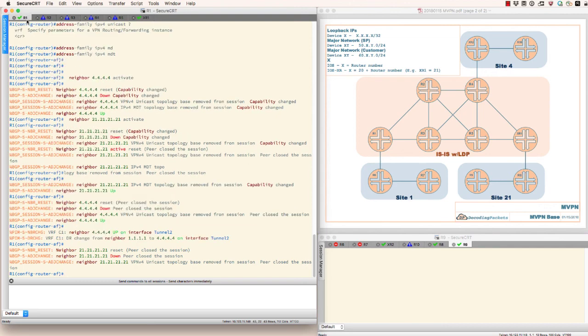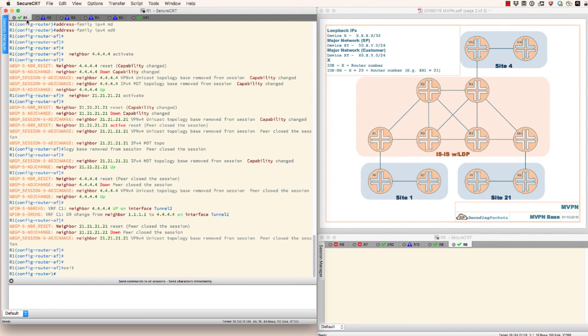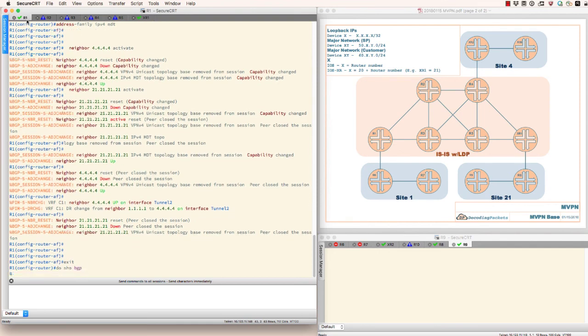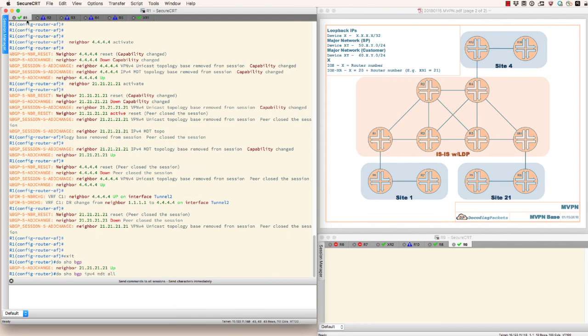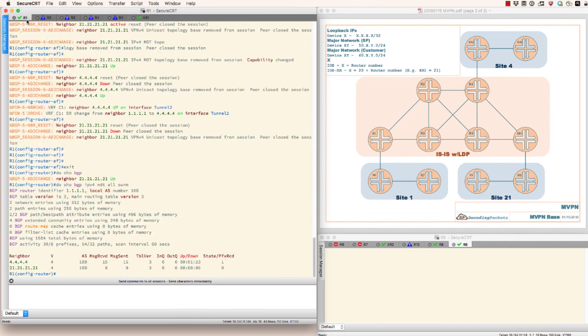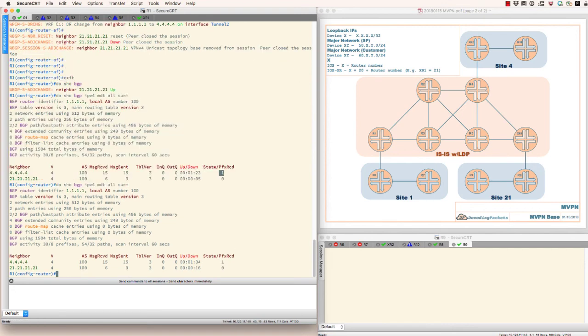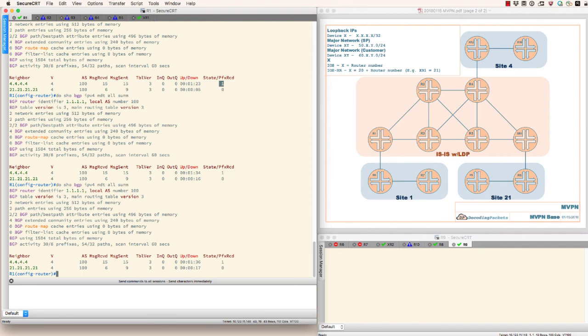But right now R1 and R4 are definitely neighbors, and we can confirm that by saying do show BGP IPv4 MDT all summary. And in fact both of them are now up. We are also receiving a prefix from R4, and so far I'm not receiving a prefix from XR1 yet, so we'll have to see what's going on there.